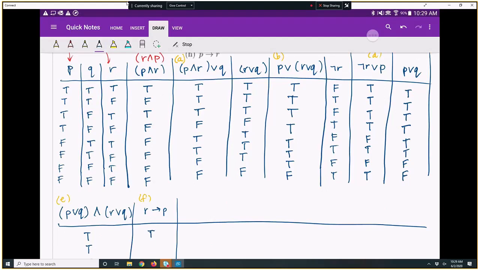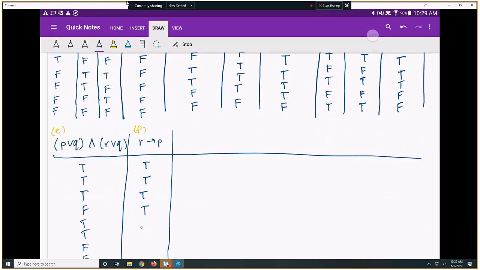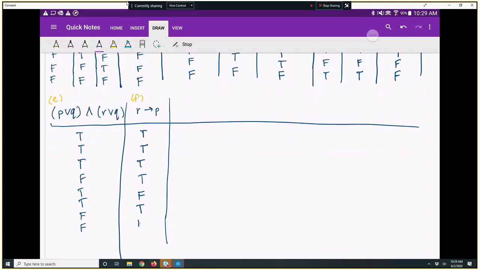False implies true, that's true. True implies true is true. False implies true is true. True implies false is false. False implies false is true. True implies false is false. And false implies true is true.